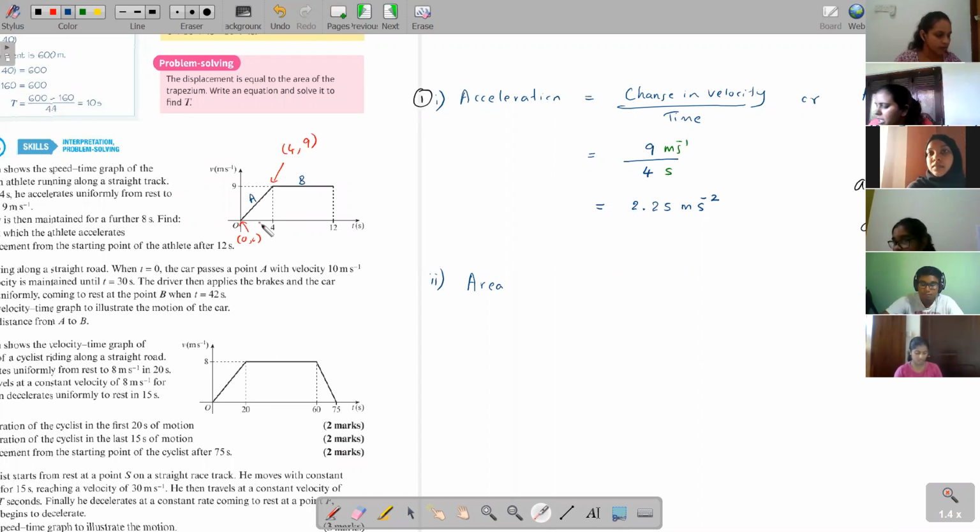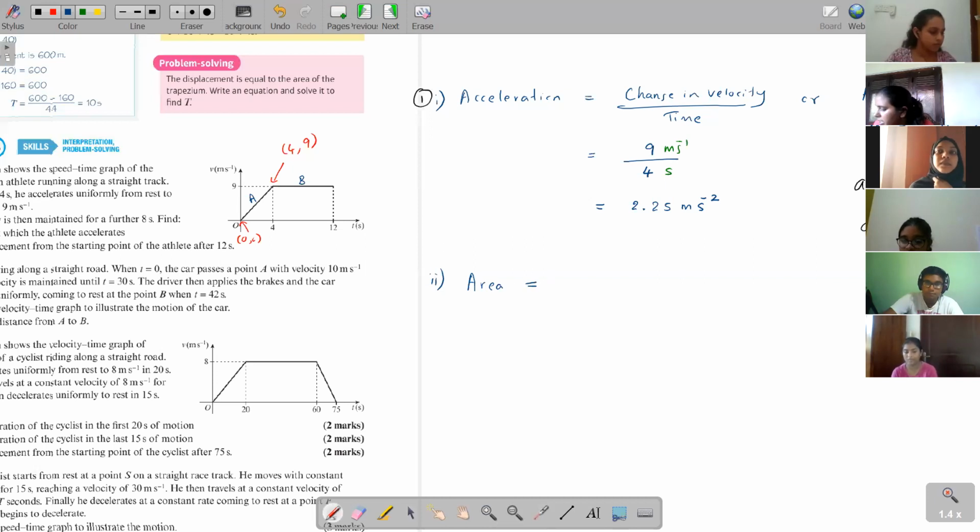Now, when you look at this graph, is the athlete coming back at any point, or just moving forward only? Just moving forward only. Accelerating forward, then constant velocity forward. So the displacement and distance are both the same here, because you are moving forward only, no issue.